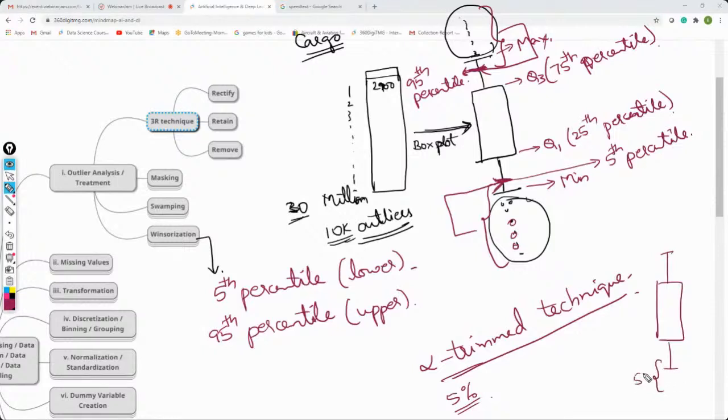The lower 5% need not necessarily be outliers, it can be regular data also, and in the upper 5% not all values could be outliers. A few might not be outliers. So you get rid of those, and then you start handling the middle 90%. This is how you handle the outliers. Outlier treatment, this is how you treat.